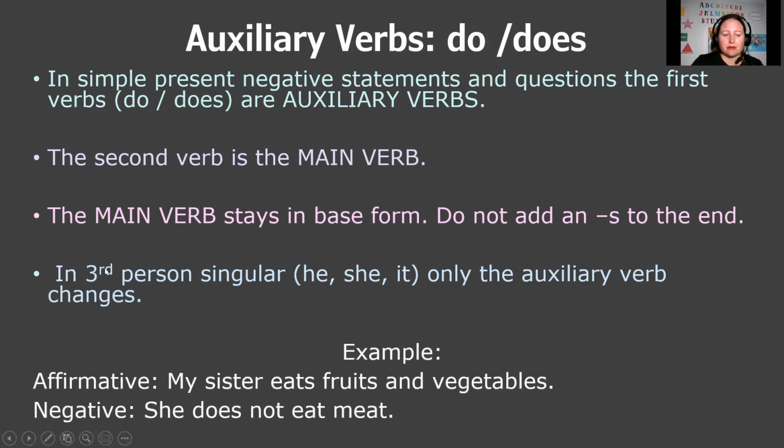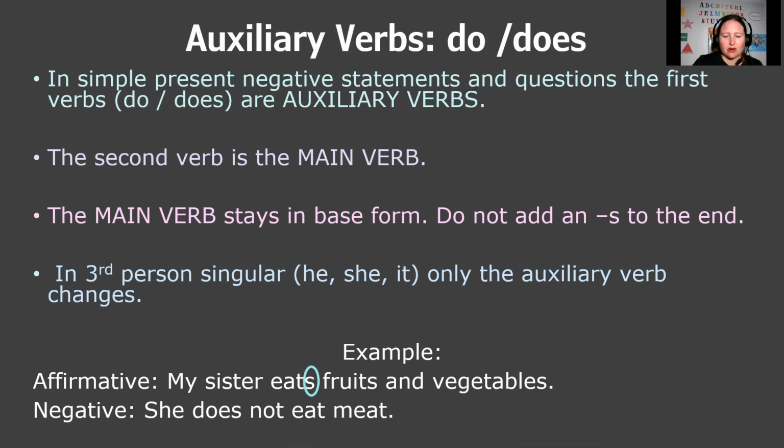Here are some examples. In affirmative, my sister eats fruits and vegetables. Negative, she does not eat meat. Notice in the affirmative, my sister eats, we have an S because that is the only verb.